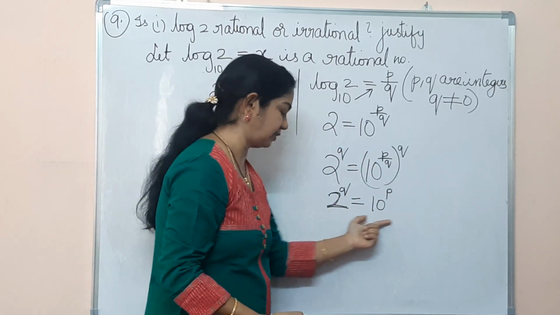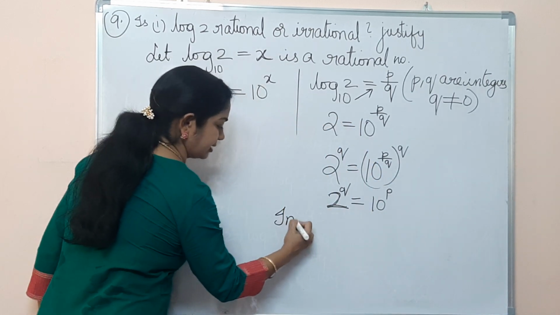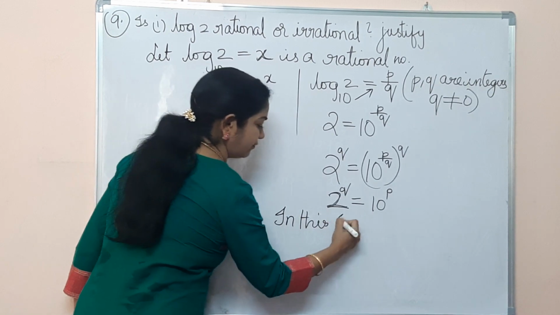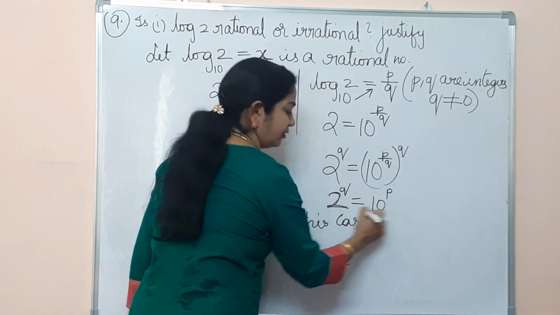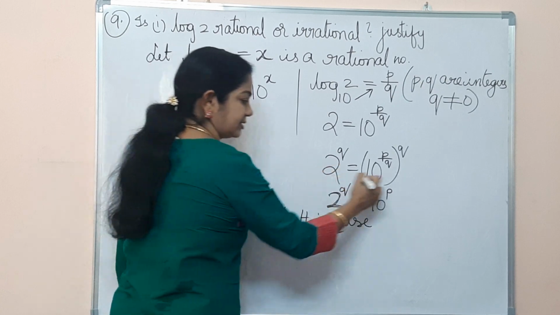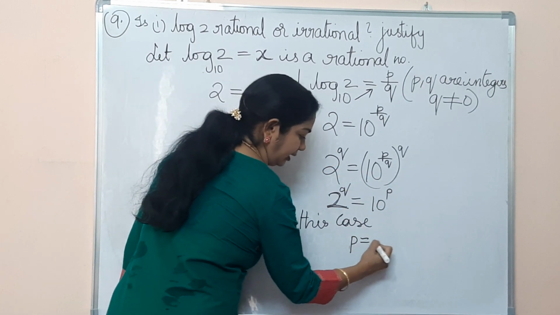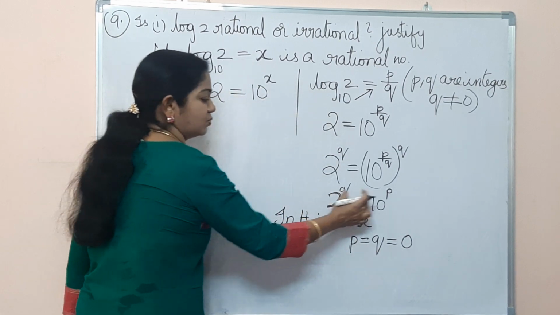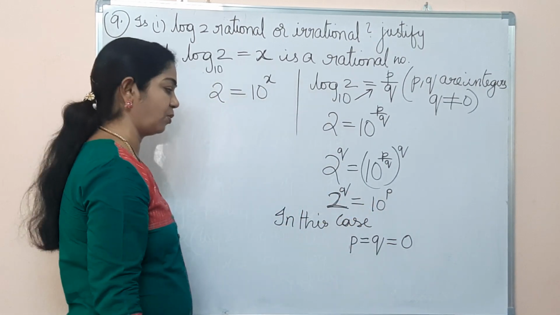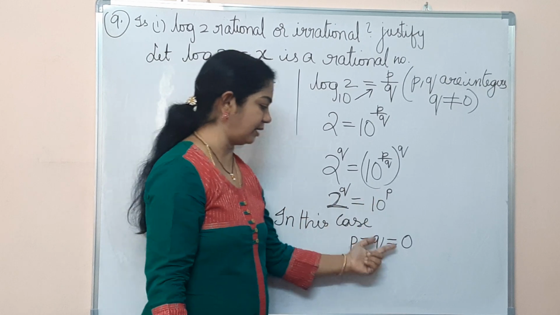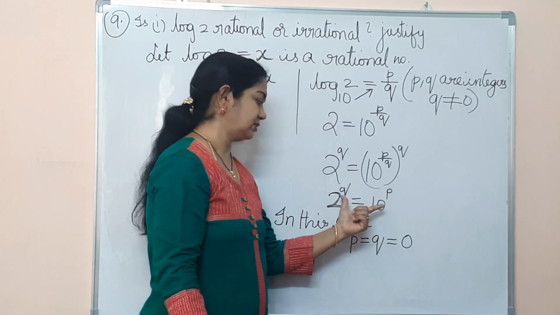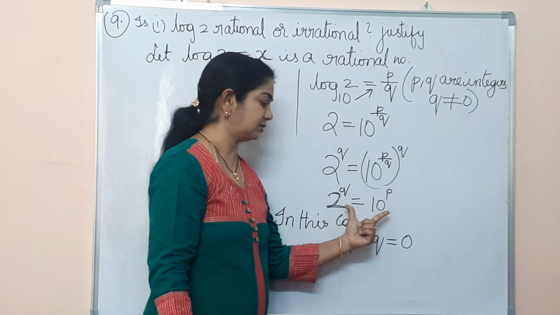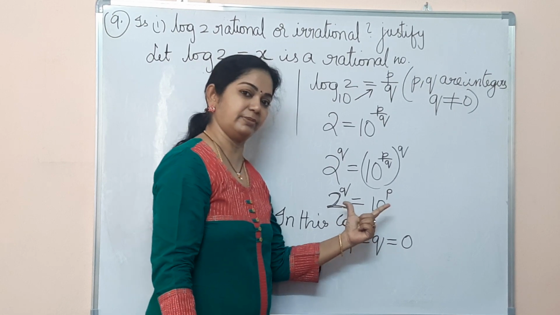There is only one possibility for these two to be equal: only when p equals 0 and q equals 0, then these two values will be equal. Only then our statement will be true.